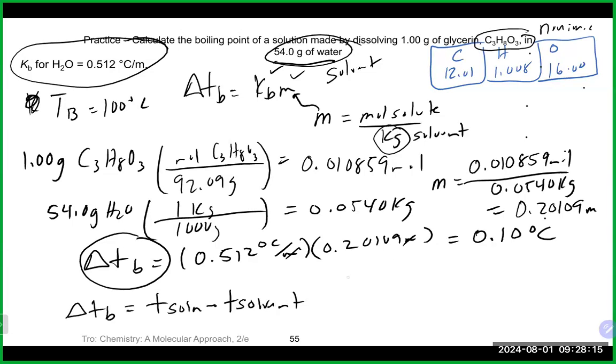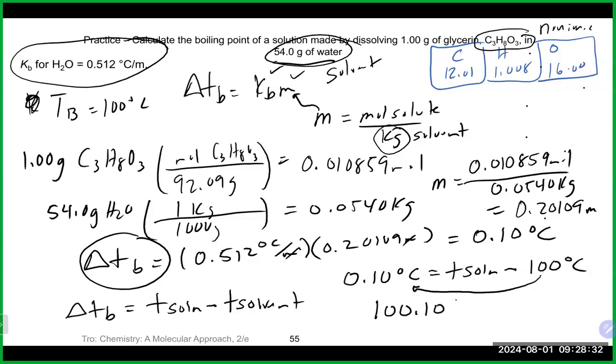That means in this particular case, 0.1 degrees Celsius equals the temperature of the solution minus where water normally boils, which is 100 degrees Celsius. Adding that to the other side gives us a whopping 100.1 degrees Celsius is where this solution is going to boil. It did go up a little bit from the solvent by itself.